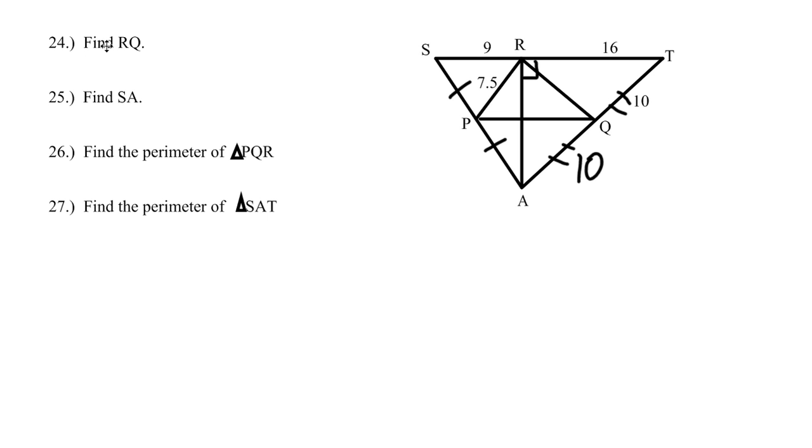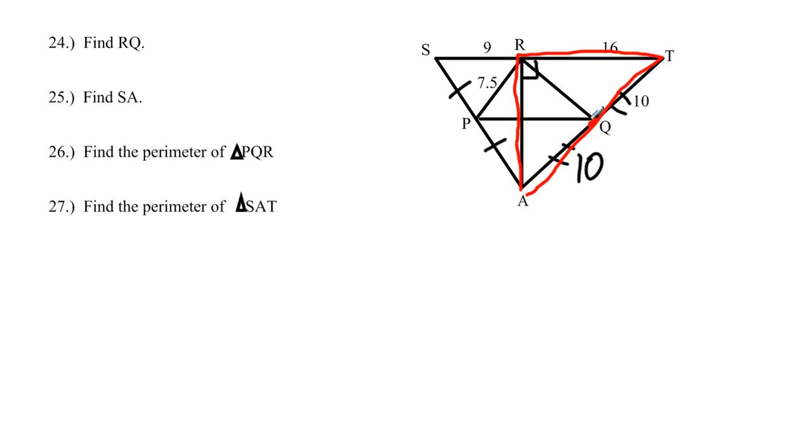Now our first task is to find RQ. Now what I noticed about RQ is that RQ is a segment that connects the midpoint of the hypotenuse of a right triangle right here to the vertex of the right triangle itself. Now I'm going to do this in a different color so you can see it a little bit better. Here is the right triangle I'm talking about.